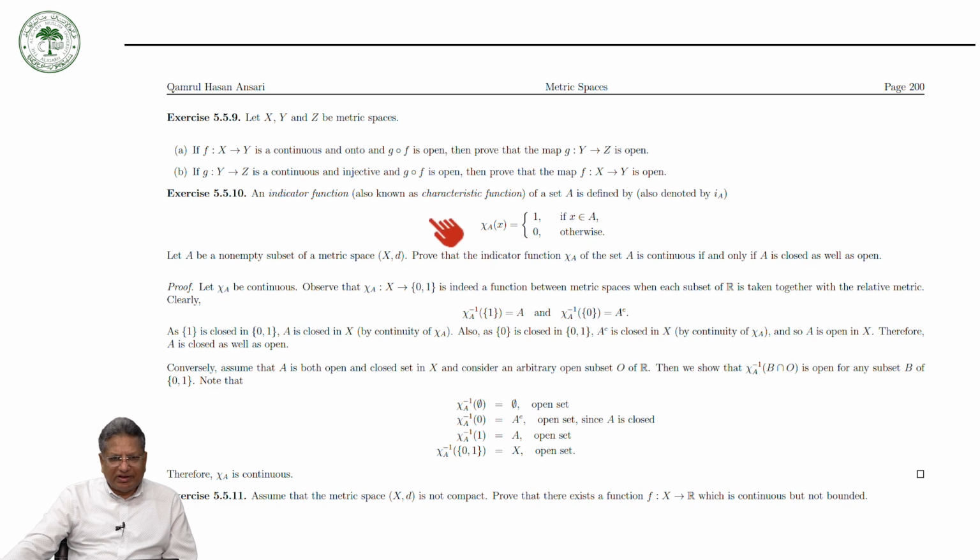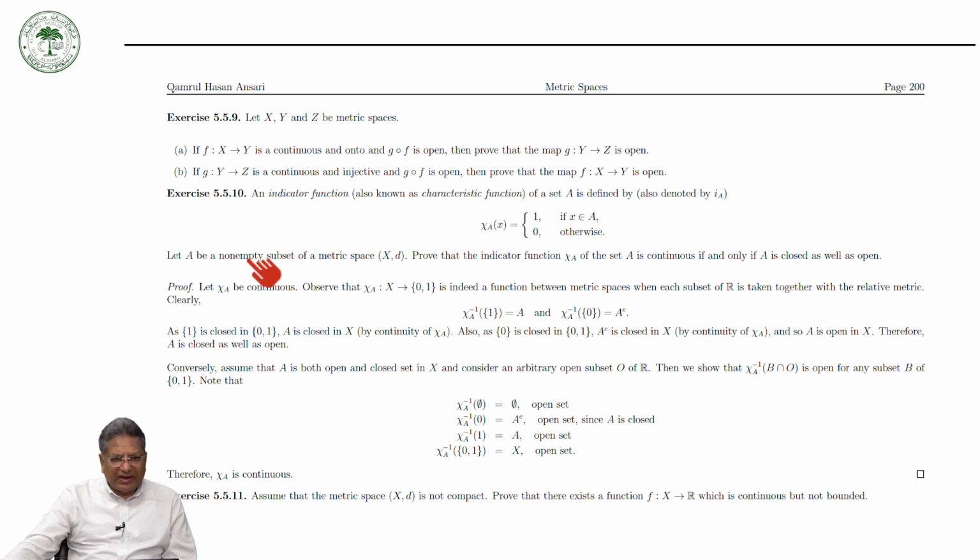Now here I have an indicator function. Let us define it. An indicator function, also called the characteristic function of a set A, is defined in the following way: χ_A(x) is equal to 1 if x is in A, otherwise it is equal to 0.